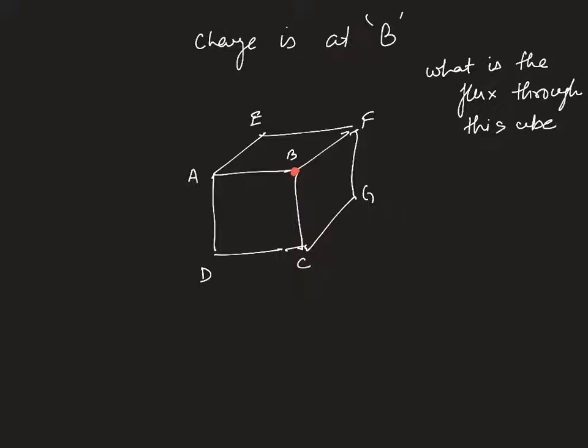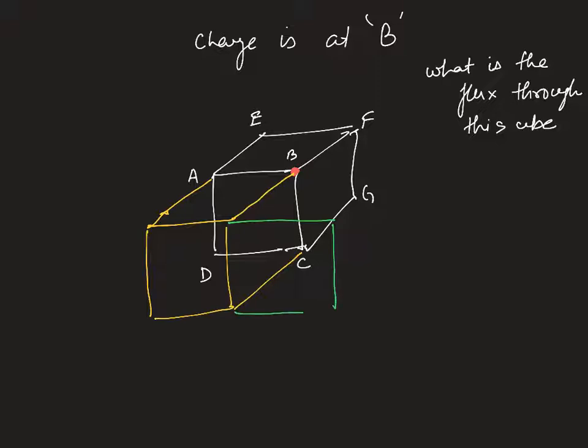Again, the principles of symmetry come into play. How many cubes do we need to actually cover the charge completely? So if we have a cube like this, and then we might have another cube like this, and then we might have another cube like this.